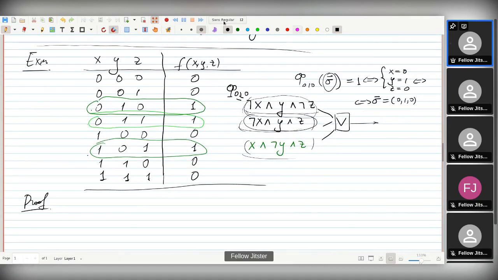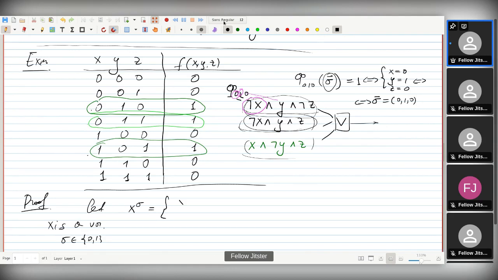First of all, we need some notation to put this 0 into correspondence with negated variable, and 1 into correspondence with a variable without negation. So let us introduce the following symbol, where x is a variable, it is a syntactic object, and sigma is a Boolean value, either 0 or 1.